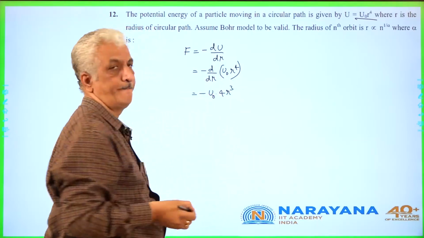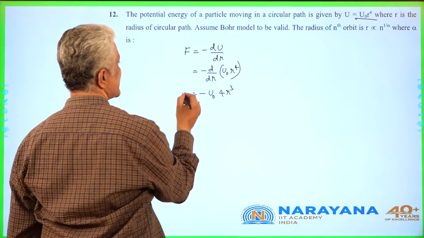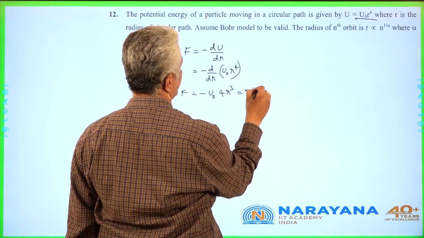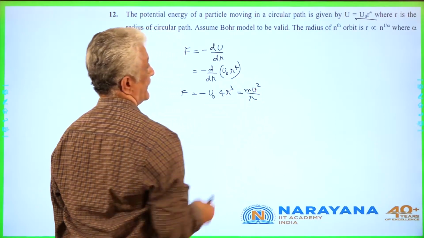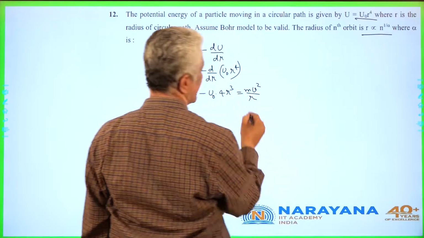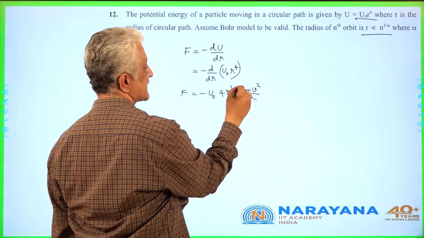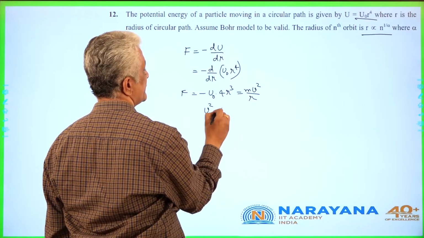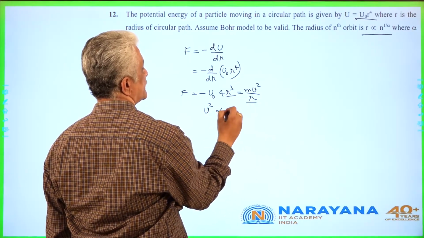And this force is nothing but the centripetal force, which is m v square by r. As we require only the relation between r and n here, we remove the constants. Simply, v square is proportional to r power 4.